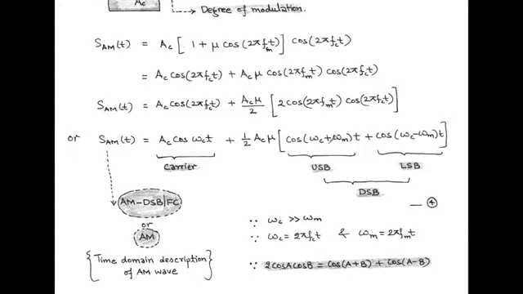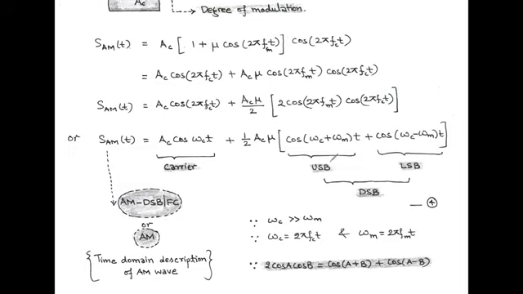And after using the formula we get the standard AM in terms of full carrier and double sideband. The equation is A_c cos omega_c t plus 1 upon 2 A_c mu within bracket cos(omega_c plus omega_m) t plus cos(omega_c minus omega_m) t.